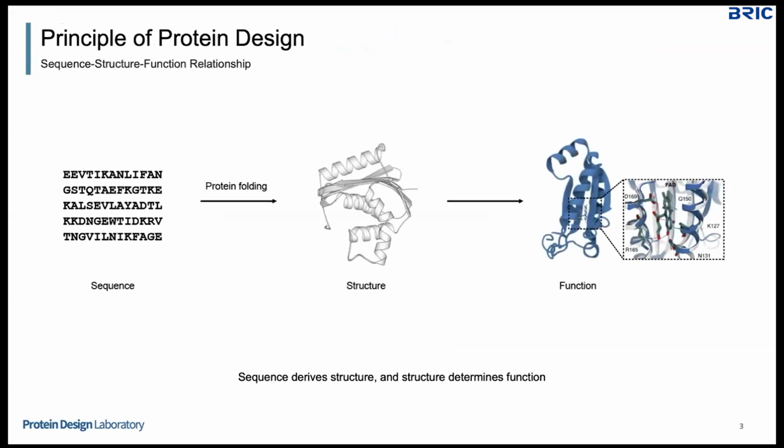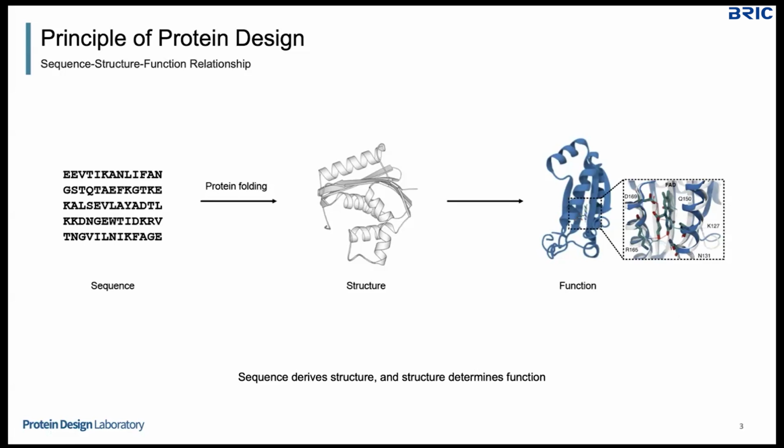So what is the principle of protein design? Most of us know that proteins consist of sequences of amino acid residues, and those amino acids fold into a certain kind of structure to give a protein, and that structure gives it a function. Yet this was the old way of designing proteins. It's quite difficult because we cannot predict the structure from the sequence at the get-go.